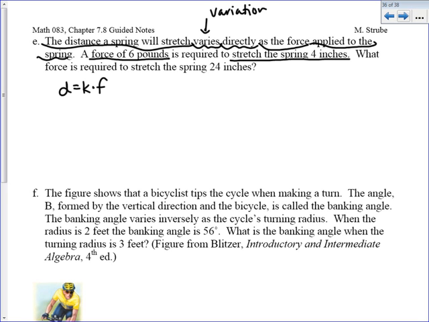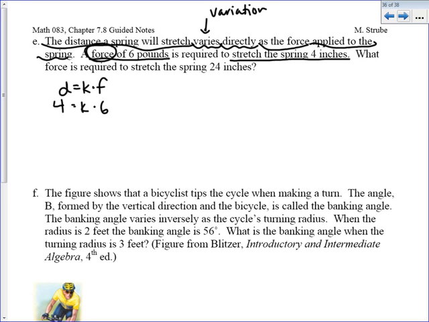F. The force of 6 pounds. And that's why I would choose those meaningful variables, so you get your numbers in the right place. So F is 6. We'll stretch the spring 4 inches. And that makes sense. 4 inches is a distance. So 4 is going to go in for our distance.